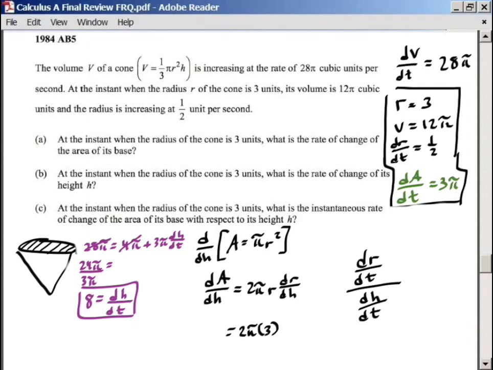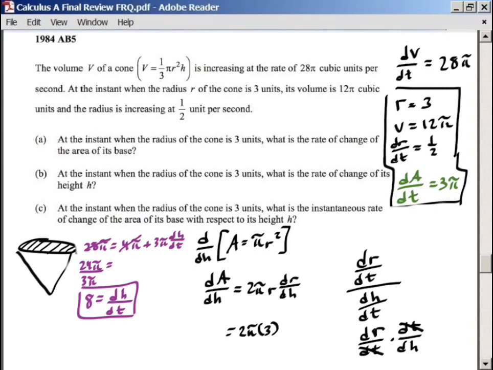Because when you think about it, if I were to divide those, it would be dr over dt times the reciprocal of this, so dt over dh. And if we treat these like regular fractions, these would cancel out, and we would get dr over dh, right? So do we know what dr over dt is? Yeah. It's 1/2.